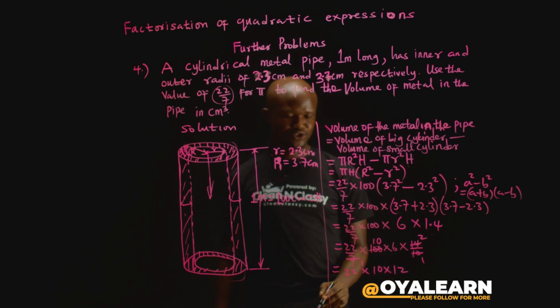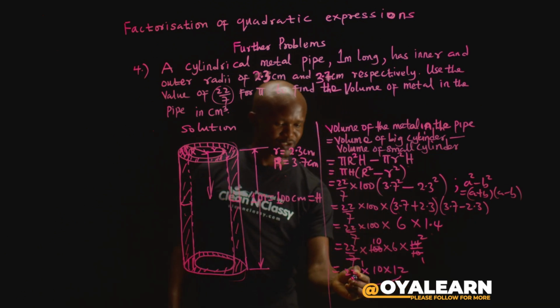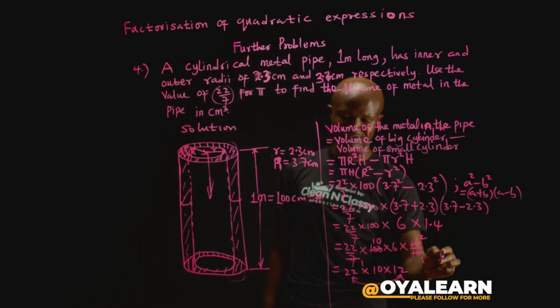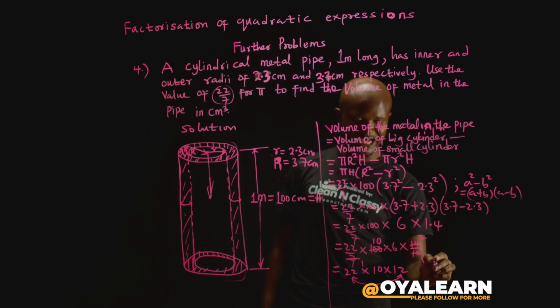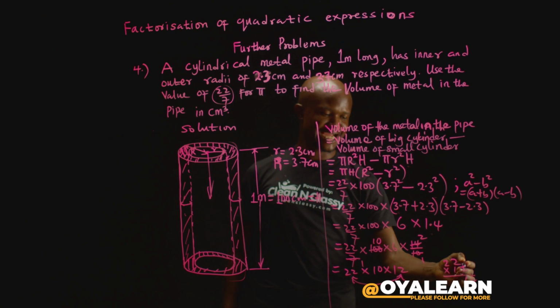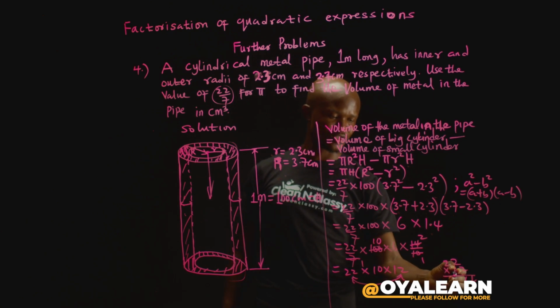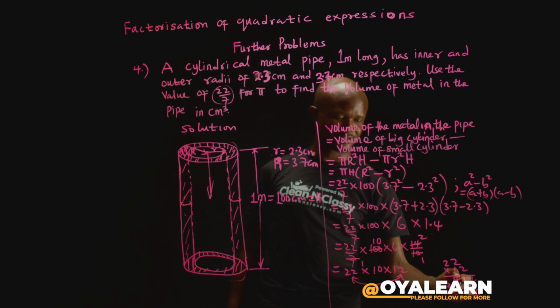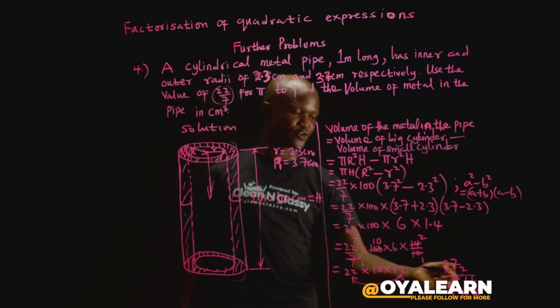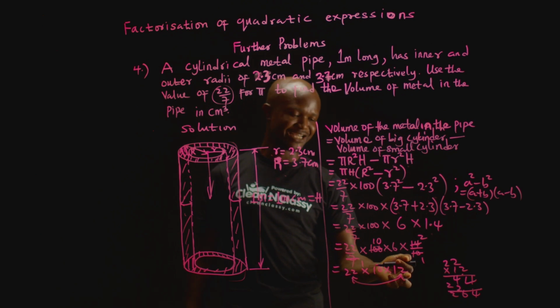So we multiply 22 and 12 together. 2 times 2 is 4, 2 times 2 is 4, 1 times 2 is 2, and 1 times 2 is 2. So we have 264 for the product of 22 by 12.